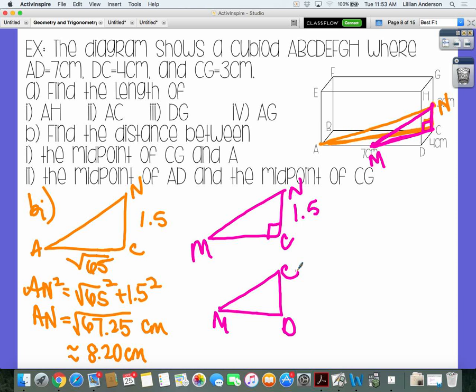You have to do another right triangle to find MC to figure out MN. Okay? So yes, the distance from M to D is half of 7. That's 3.5. But that is MD, not MC. We know that DC is 4, so it's another Pythagorean theorem here. Okay? So MC squared.